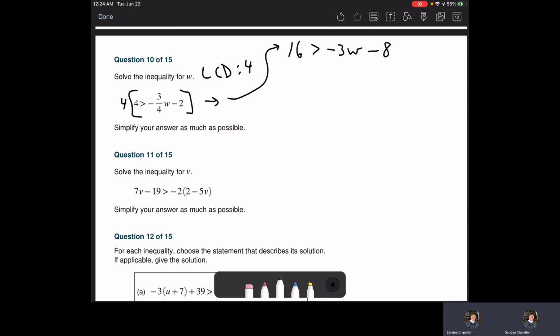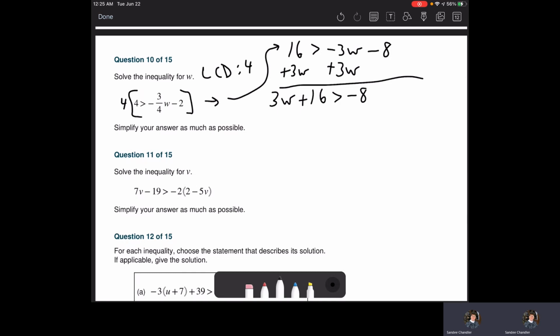Okay. Now remember I said I like to keep my variables on the left. So I'm going to add this 3w to both sides because I want my variables on the left when I'm dealing with inequalities. It's just who I am. If you don't mind them on the right and it all works out okay for you, go for it. It doesn't matter.